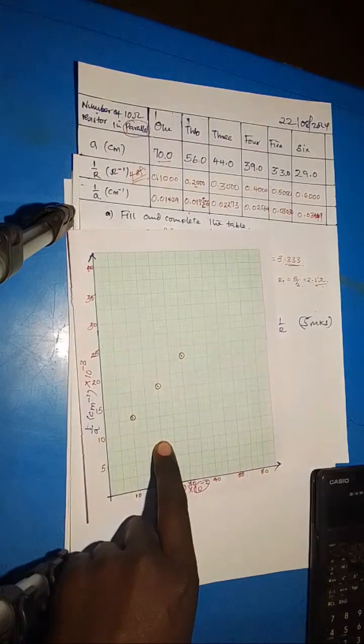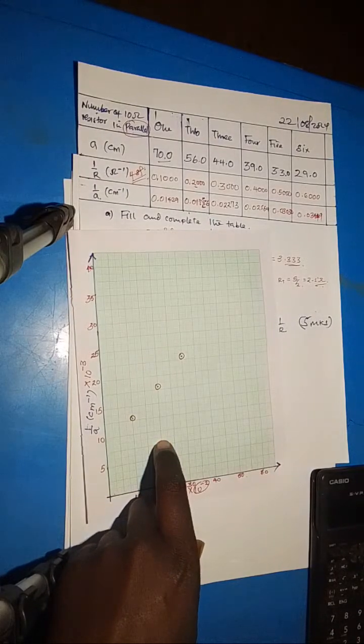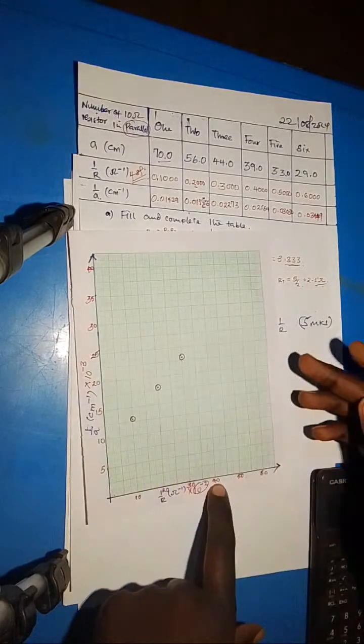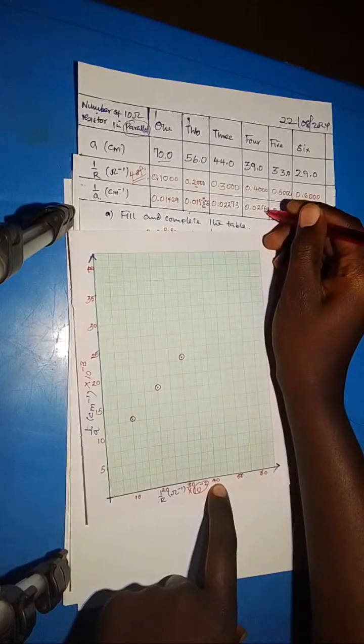From there, we move to the next one, which is 40 against 25. This one I may choose to have 26 or 25.